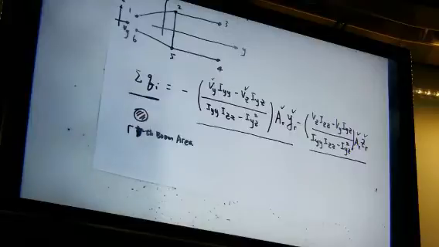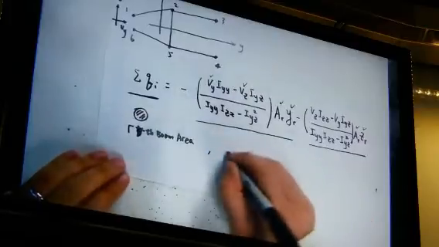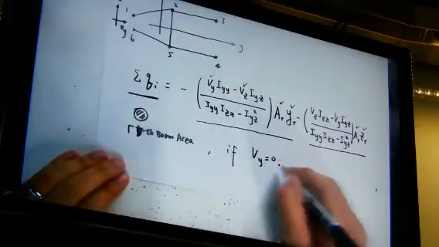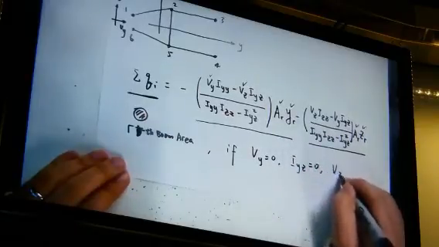This one on the left is the shear flow associated with this boom. Okay? And a special case is if Vy equals 0, IYZ equals 0, and Vz is not 0.